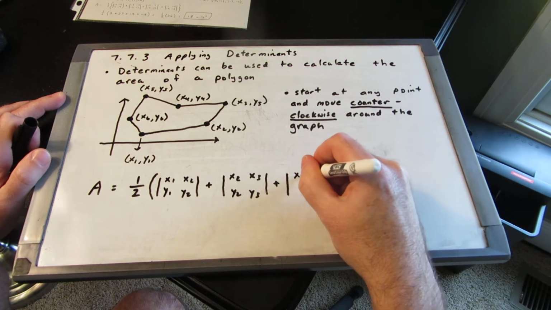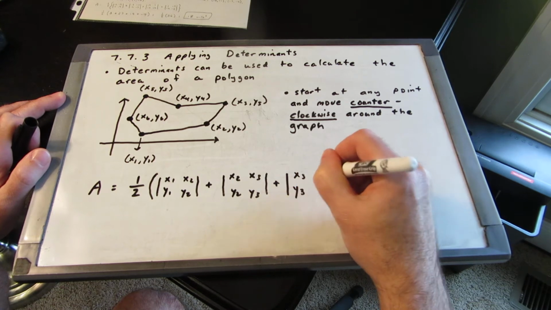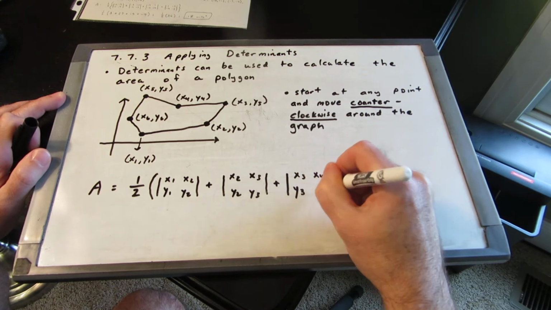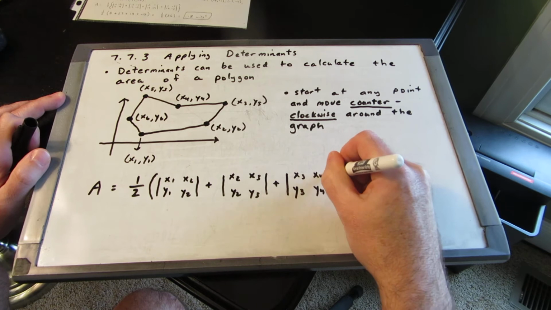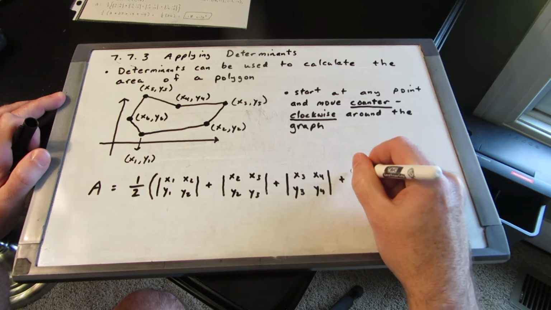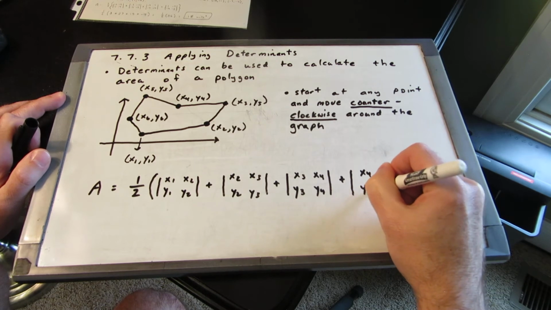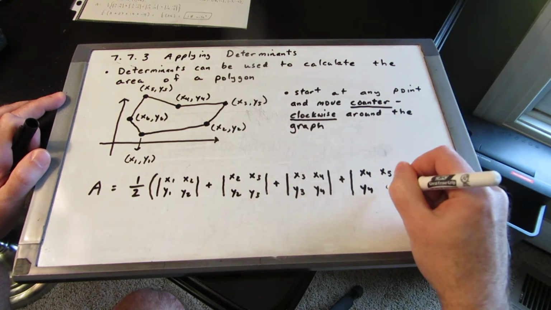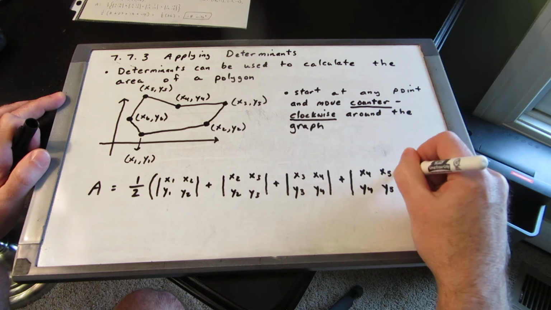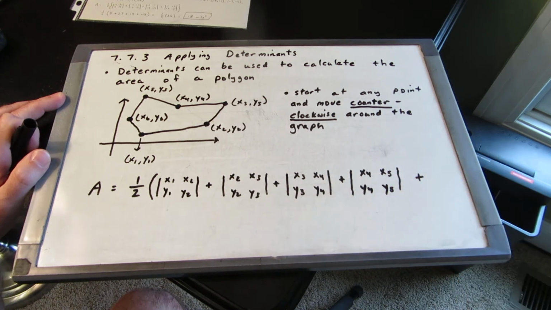And then we keep going. Start with x3, y3, x4, y4, x4, y4, x5, y5. Bring it down under here.